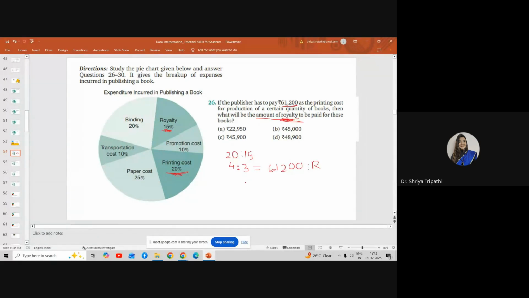We do cross multiplication. If we write 4 is to 3 equals 61,200 upon R, which is my royalty, we do cross multiplication. What will be the answer? 61,200 into 3 divided by 4.